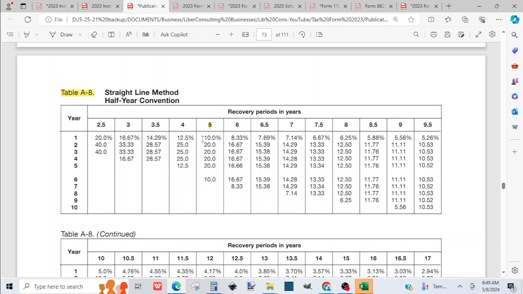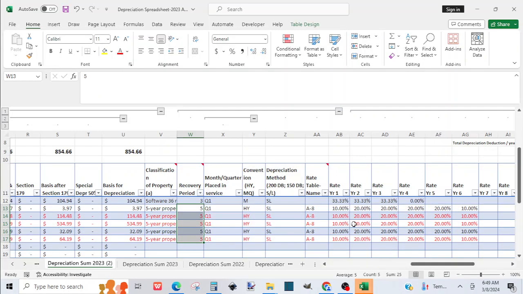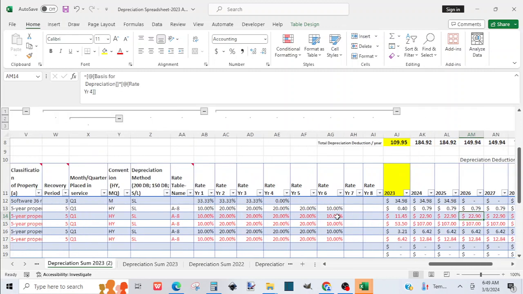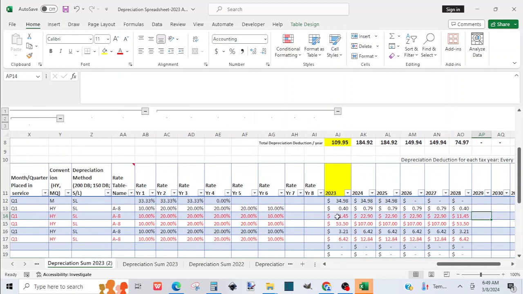But now this is copied and entered on the spreadsheet. You can see it went to rate 6. So automatically the spreadsheet will use the rates and calculate the depreciation deduction for each one of those years that the asset will be depreciated for.